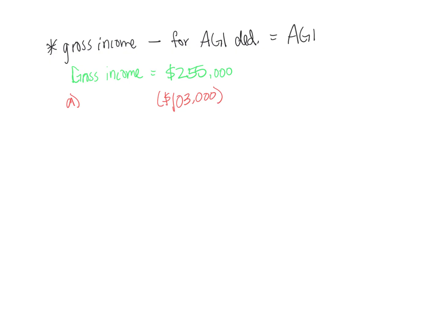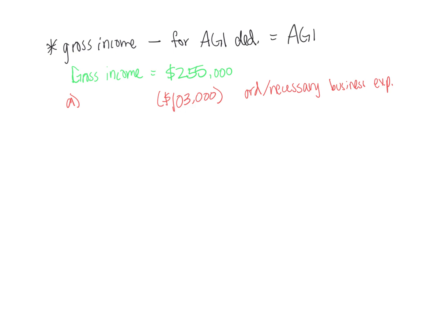So we would most likely see those on the Schedule C. Here off to the side: ordinary and necessary business expenses.